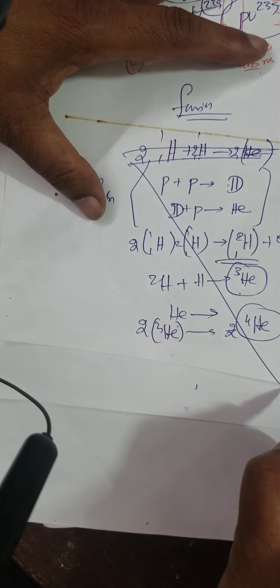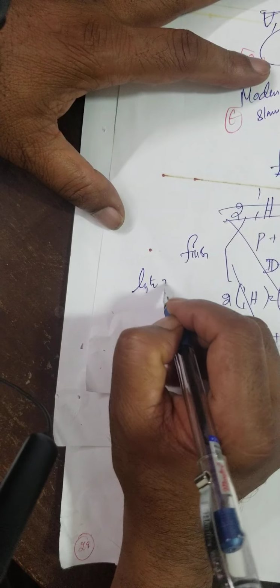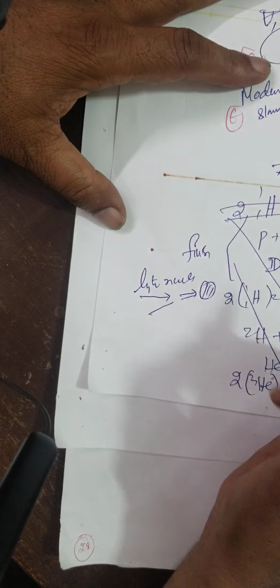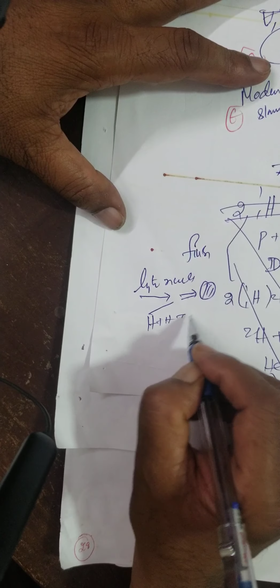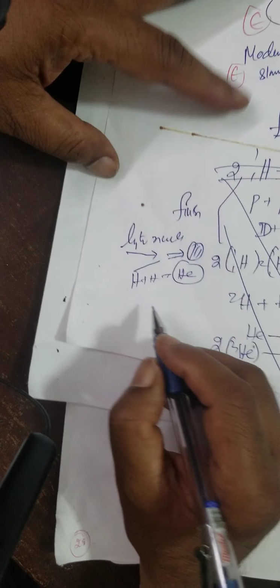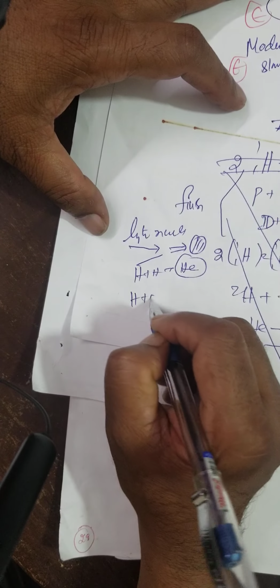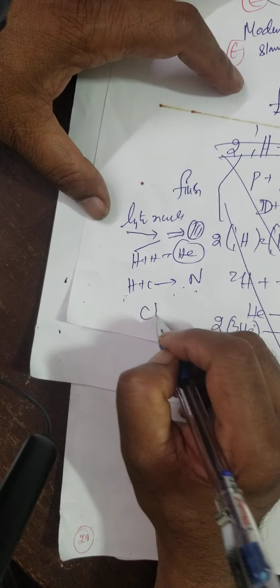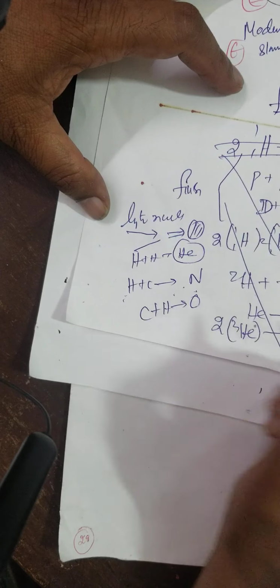Don't bother about the reactions and all that. When light nuclei join together, they form a heavy nucleus. Hydrogen plus hydrogen forms helium, hydrogen plus carbon forms nitrogen, and carbon plus hydrogen forms oxygen.